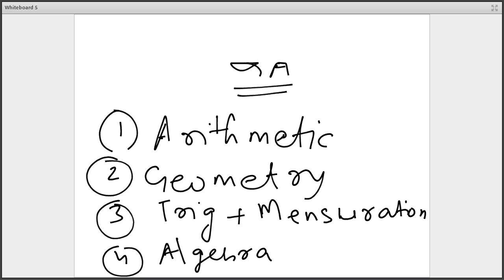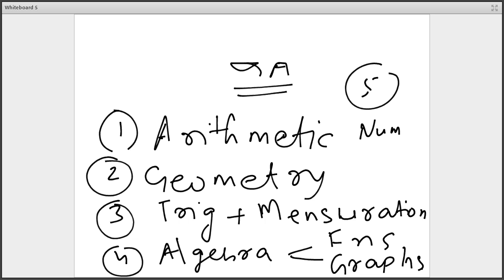In algebra, majorly I am talking about two aspects, functions and graphs. And then lastly, numbers. So these are the 5 broad important topics in terms of weightage.